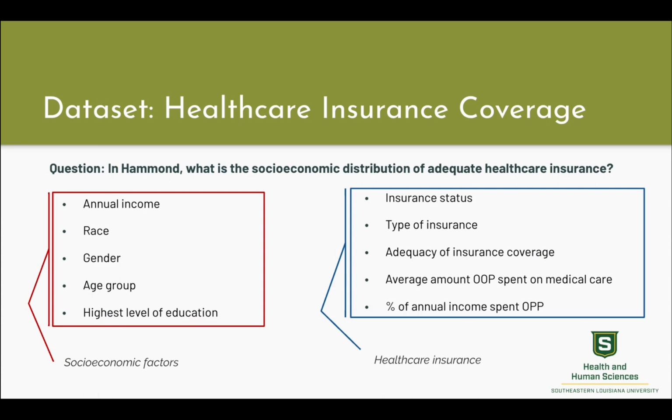There are 10 variables altogether. Five of the variables focus on the socioeconomic aspects of this question, while five focus on the healthcare insurance aspect.